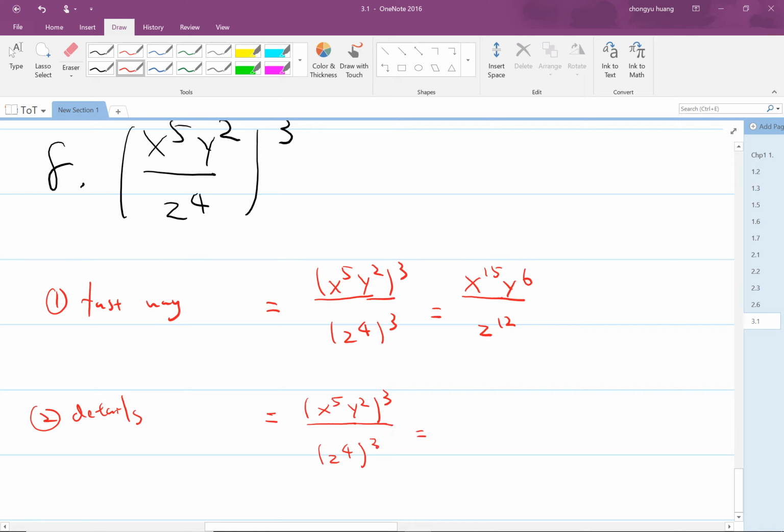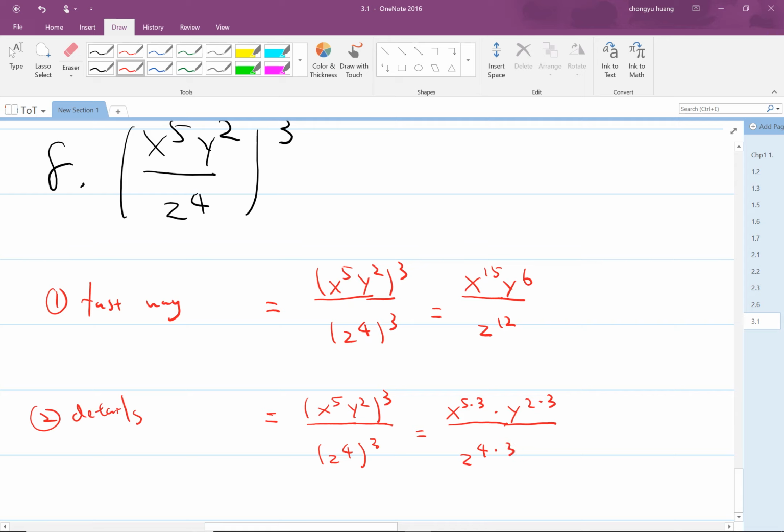And then now we have to simplify a little bit more. So we have x to the power 5 multiplied by 3, y to the power 2 multiplied by 3, and on the denominator we have z to the power 4 multiplied by 3.